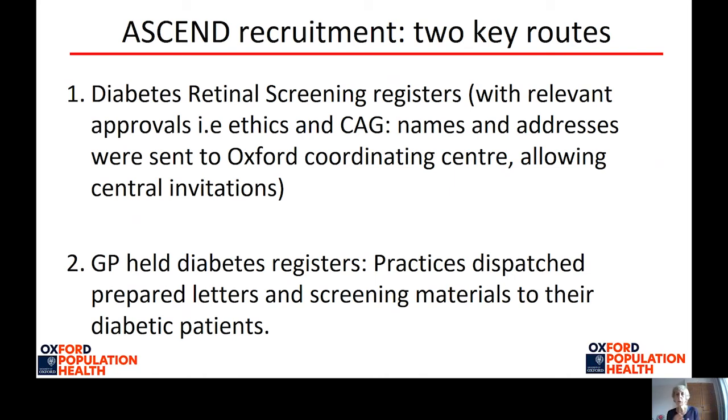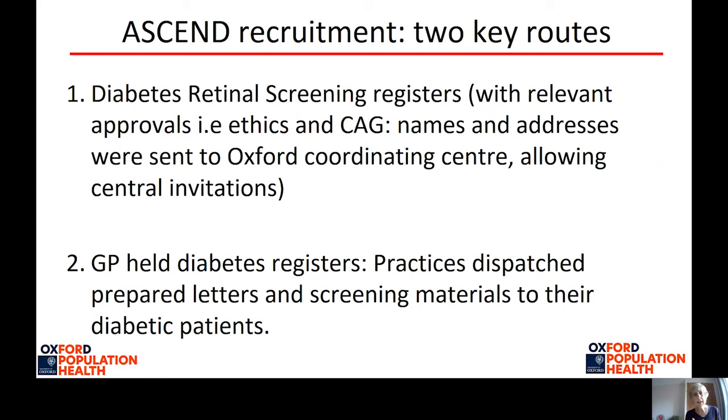And so the challenge was, how were we going to recruit 15,000 patients with diabetes from across the UK? We actually used the diabetes screening registers that were held generally locally for invitation to people with diabetes to attend their screening appointments.